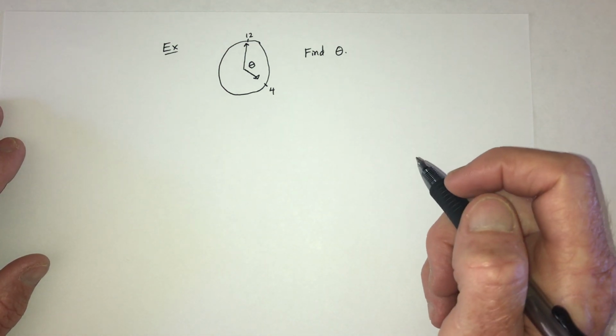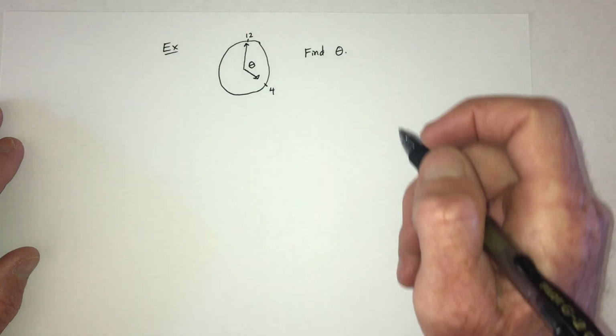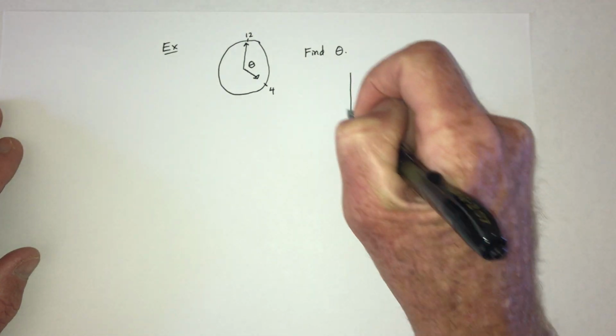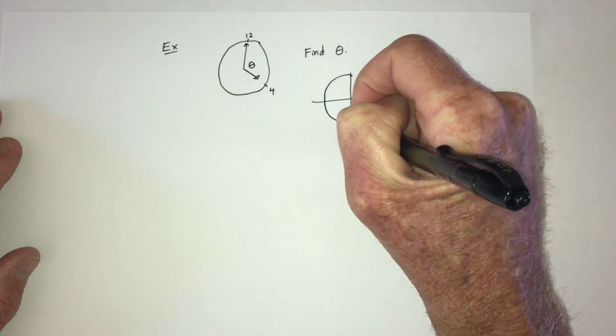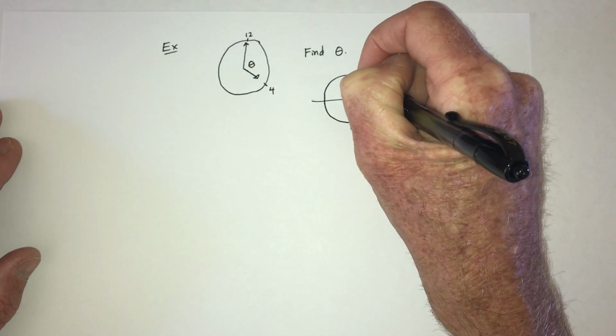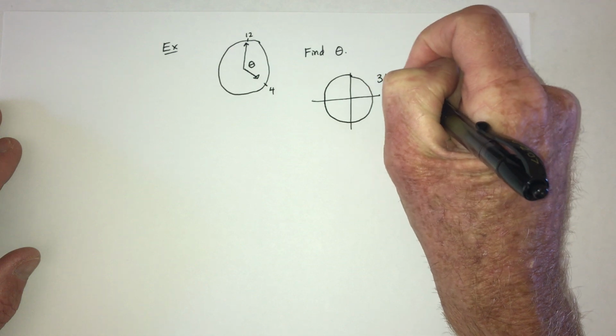Well, there's a couple of ways to do it. Here would be the fastest, easiest way, and that is if you go around a circle completely, that is 360 degrees.